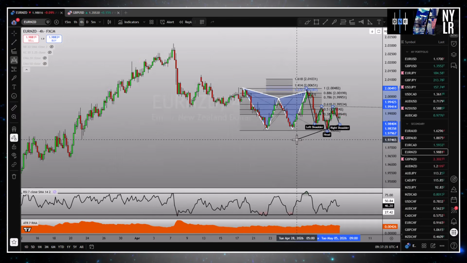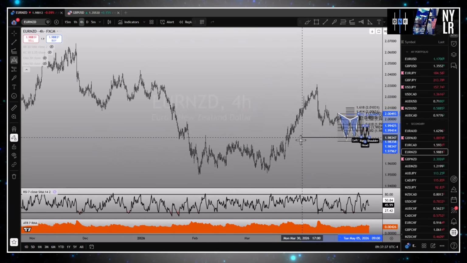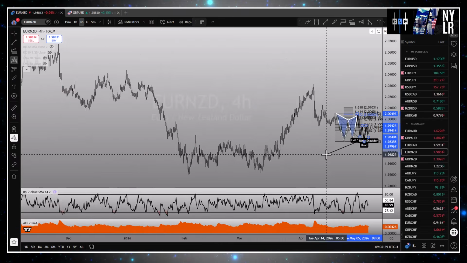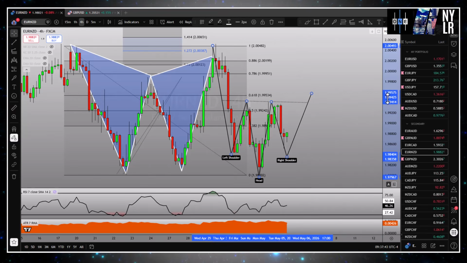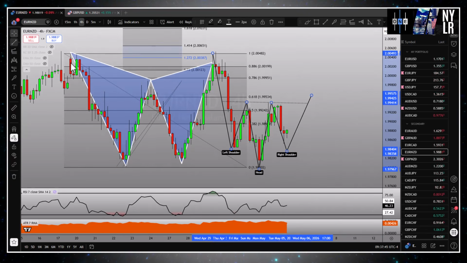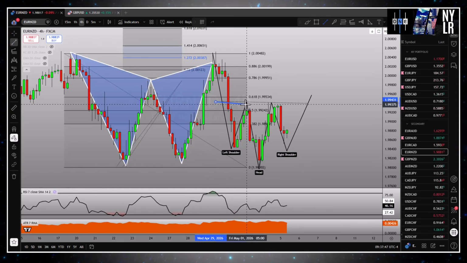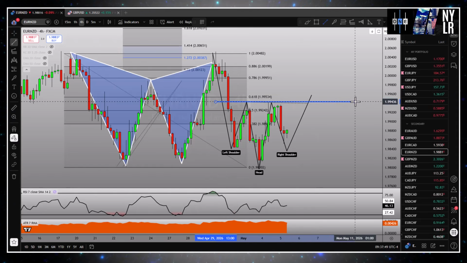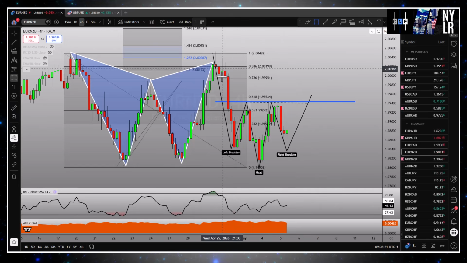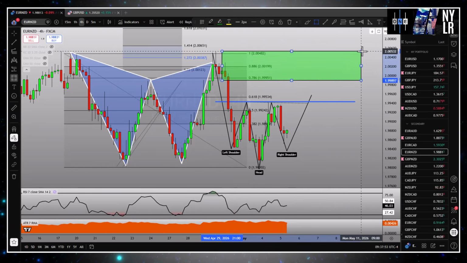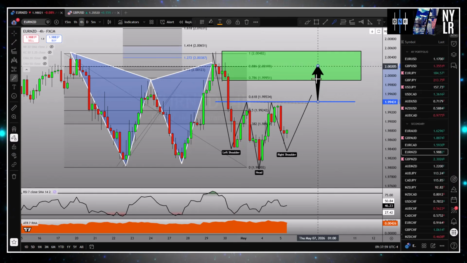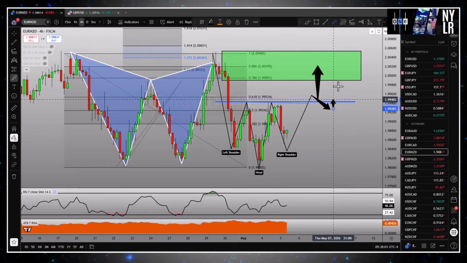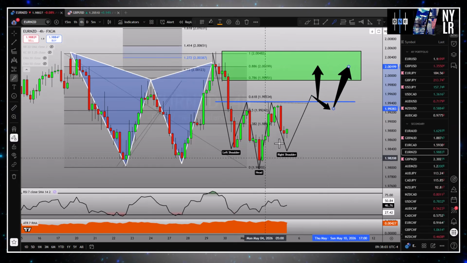Now, overall, not a really big directional bias on Euro New Zealand. But short term, I can say that, hey, if price action were to violate this level, then we're likely to go up here. So the play that offers itself is from a head and shoulders pattern from here, whether you're trading the breakout or whether you're trading the pullback and the continuation, from here to here.